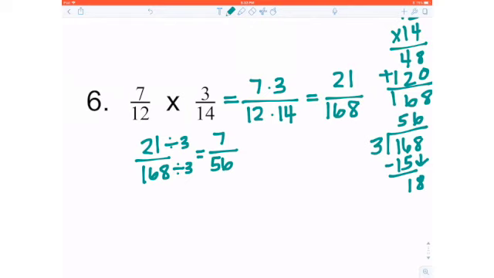Now, can I simplify this further? Yes, I can. I can actually divide by 7 top and bottom, because 7 can be divided by 7, and 56 can be divided by 7. So 7 divided by 7 is 1. 56 divided by 7 is 8. So my answer to number 6 is 1 over 8.